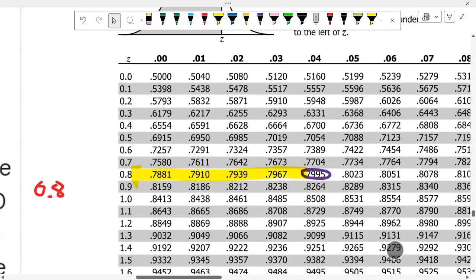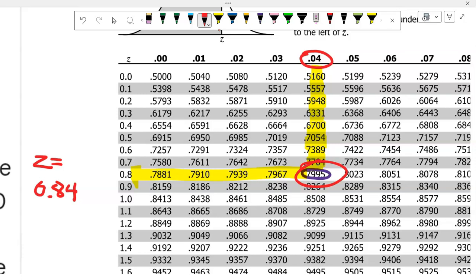And now I'm going to go up to the margin, and that's the second part, so that's going to be 0.84. That is the z-score that goes with this area. That's the closest we could get to 0.800.